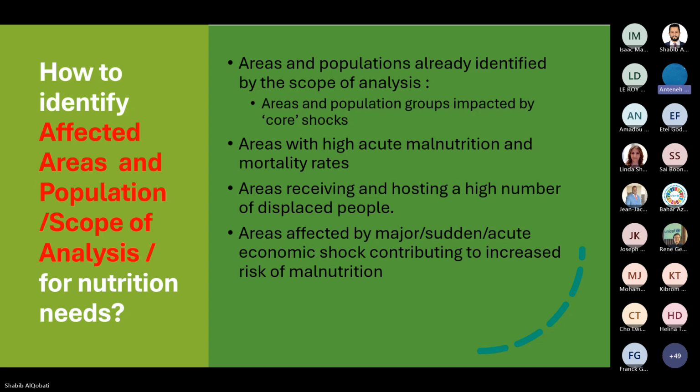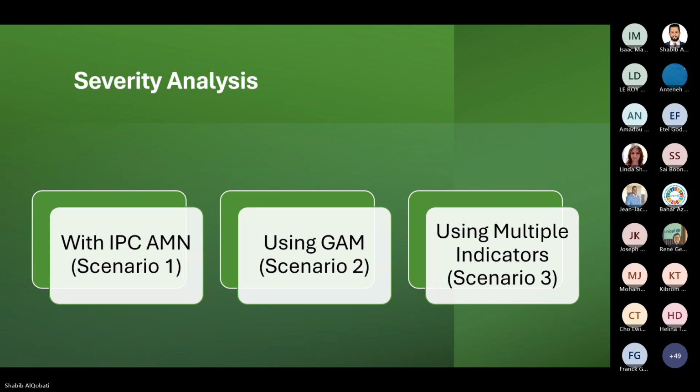Next slide, please. So now we go to the severity analysis. We do hope you are all familiar with these three scenarios of doing severity analysis at the country level. If IPC and IPC acute malnutrition data is available, you can use IPC acute malnutrition analysis for the HNO.